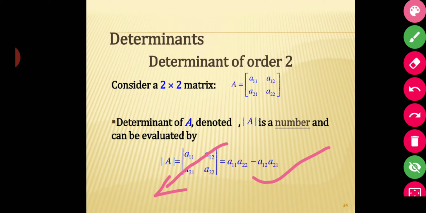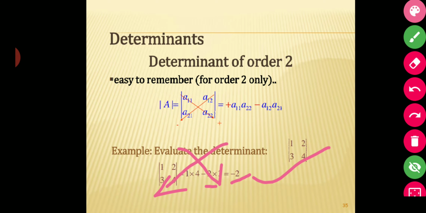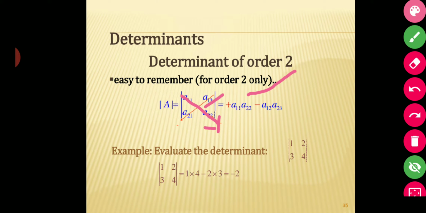Then you get the value of a 2 by 2 determinant: a11 into a22 minus a12 into a21. It is easy to remember: for order 2, first multiply with plus sign, then minus, as already discussed.